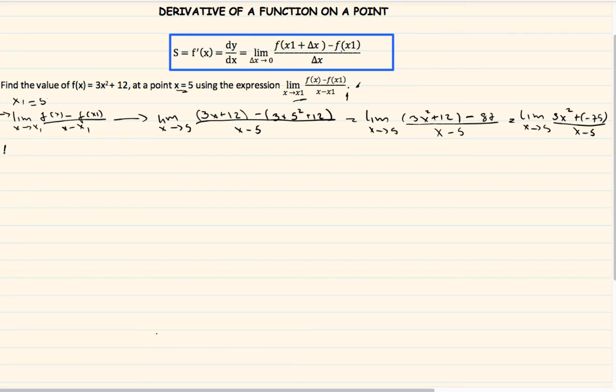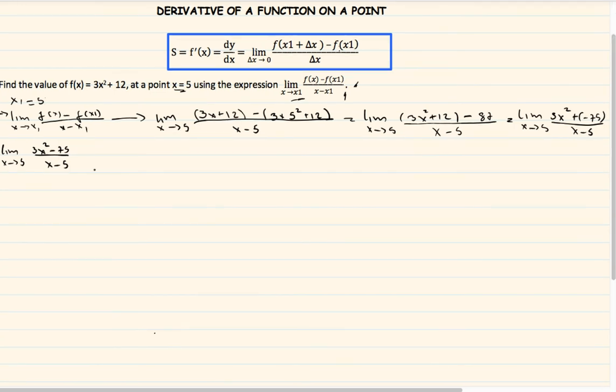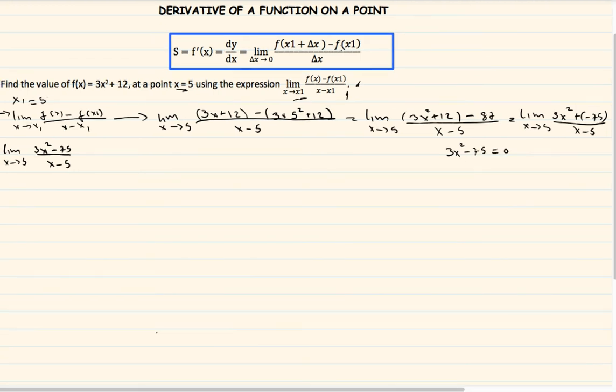So the limit when x tends to 5 of 3x squared minus 75 divided by x minus 5. When you use limits, usually we have to find a way to simplify whatever we have in the denominator with whatever we have in the numerator. What we do now is try to factorize this 3x squared minus 75 by making it equal to 0.